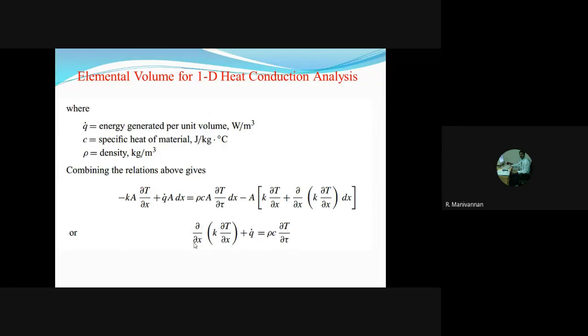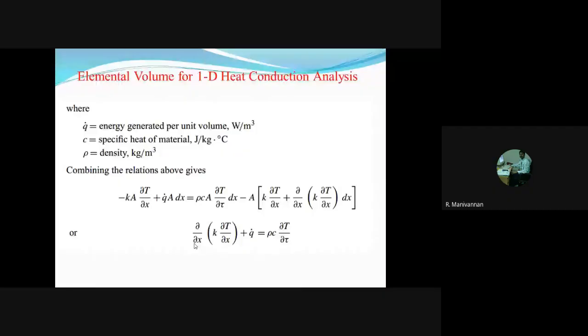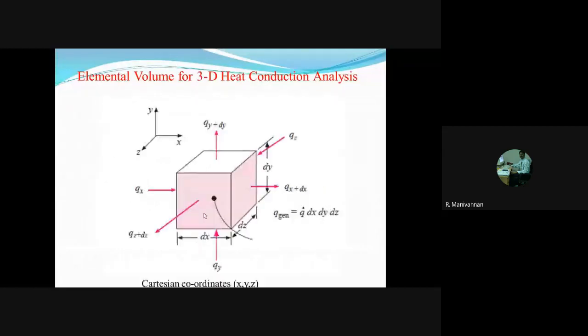Now I'm going to extend this derivation to a 3D case, where we consider heat flow in the y direction and z direction as well. Let us consider the Cartesian coordinate system x, y, z. I'm taking this as the x direction, this as the y direction, and this as the z direction.